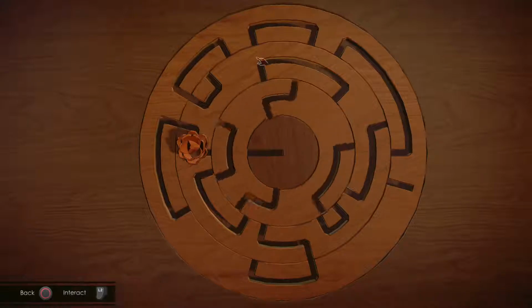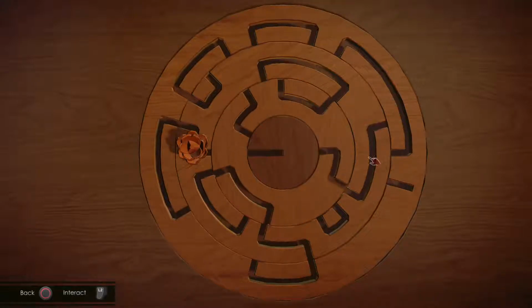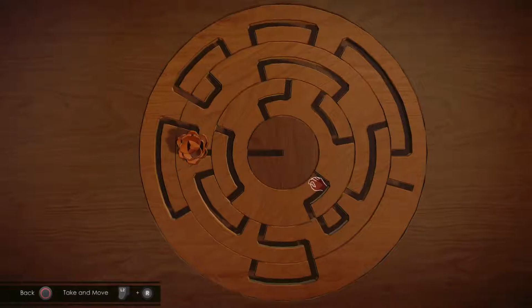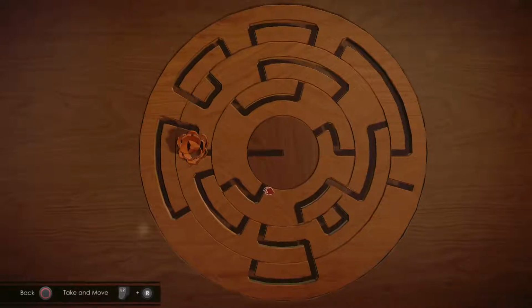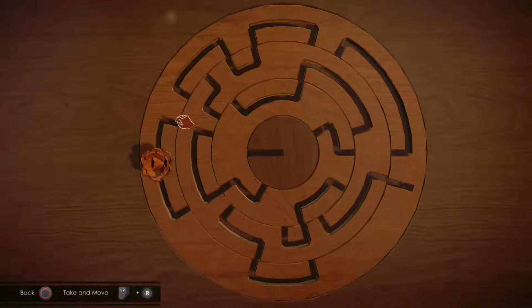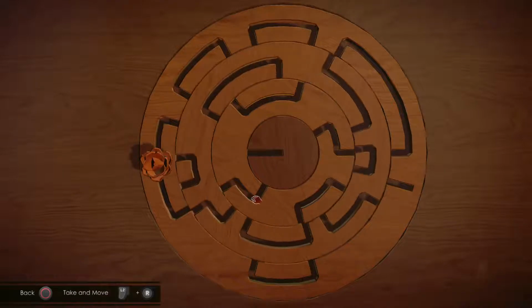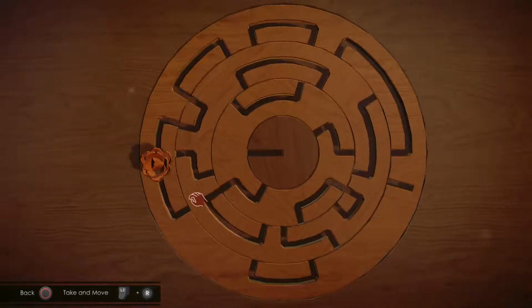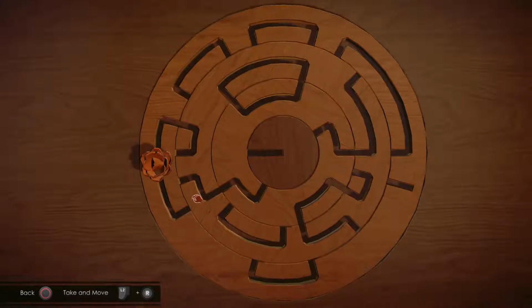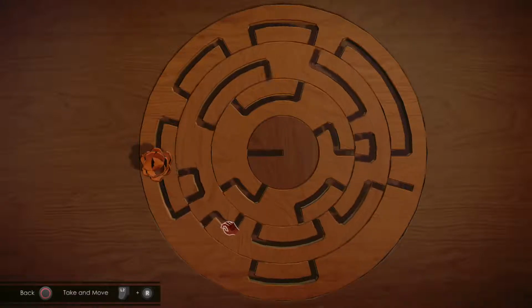These controls are not fantastic. Completely bizarre.